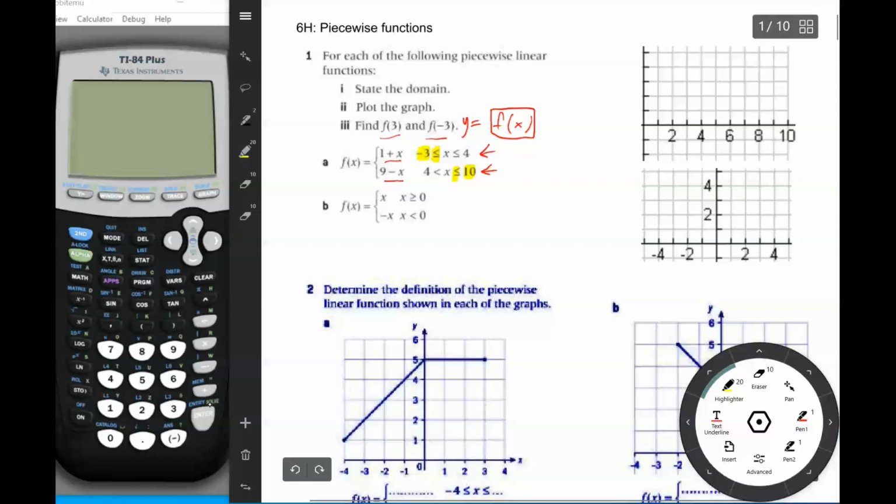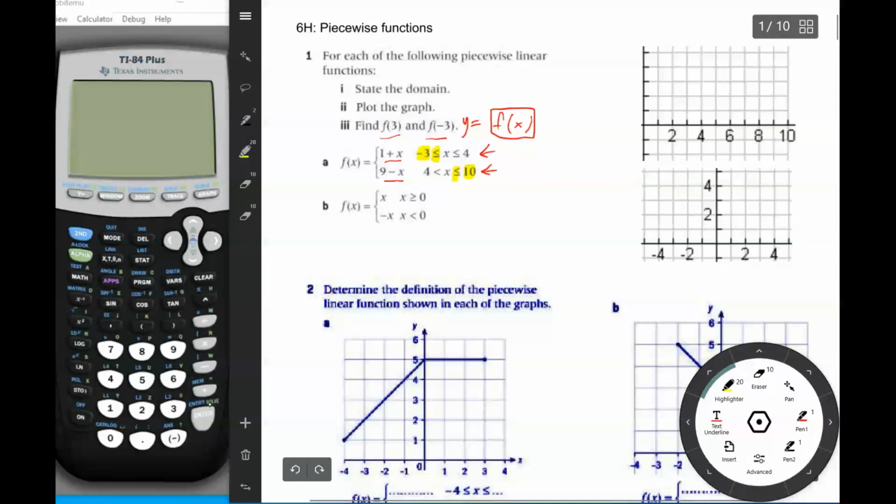And the reason why they do that is because they don't want to say that it's equal to two different linear functions at the same point. So they decide, okay, let's decide that this function is the valid one for x equals 4, and this one is not. Or vice versa, it doesn't matter which one, because as you can see, if you put 4 into this one, you get 5.